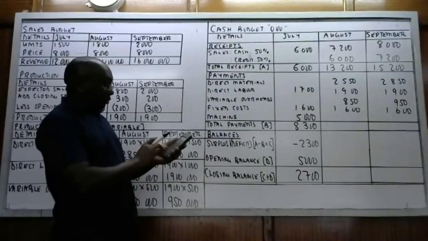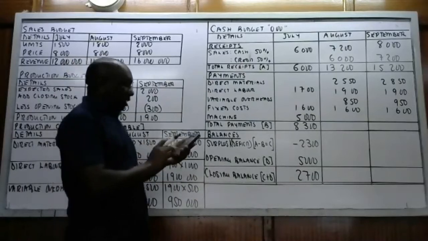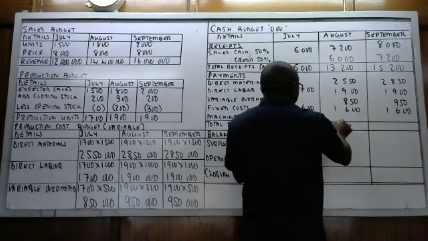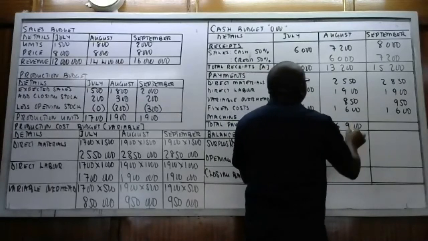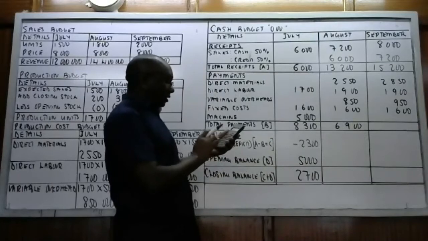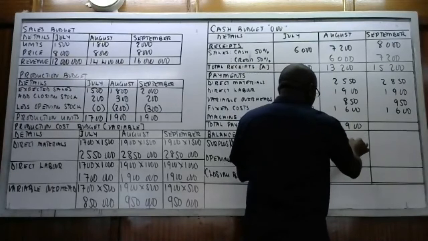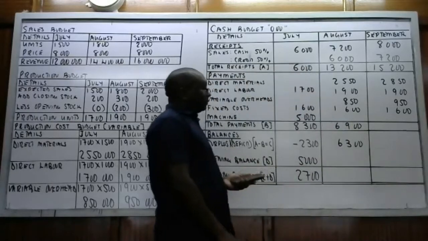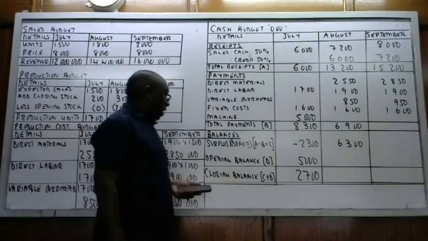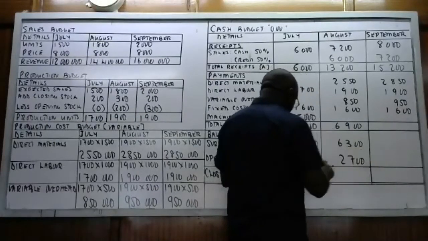Wende kwa yule mwingine tuseme 2,550 plus 1,900 plus 850 plus 1,600 is 6,900. So ukisema 13,200 minus the answer, you get a surplus of that amount. And the opening balance is 2,700.